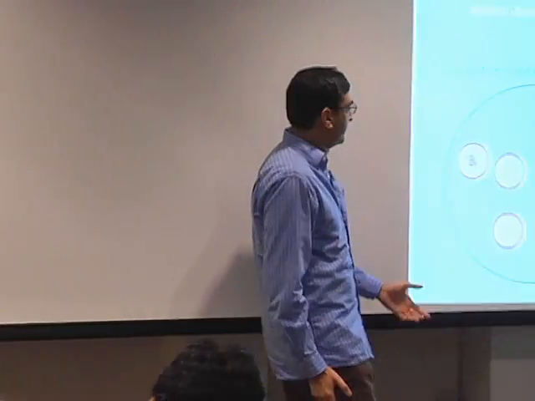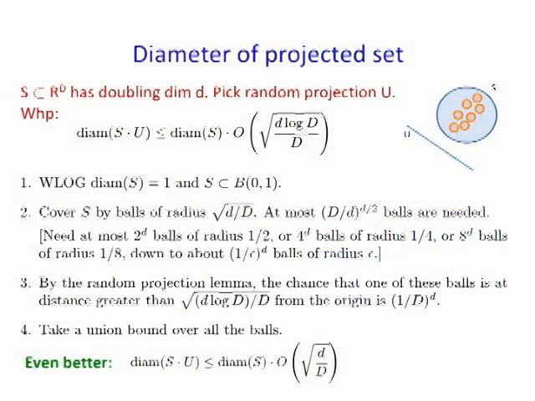Well, first of all, because the points have low doubling dimension, it means they have small covers. Okay, so let's pick a cover of radius epsilon equals 1 over square root little d. You don't need too many balls of that radius in order to cover the points. The number of balls of that radius that you need depends only on the intrinsic dimension. Okay, so you need just a few balls, and so all the points lie inside one of these balls.